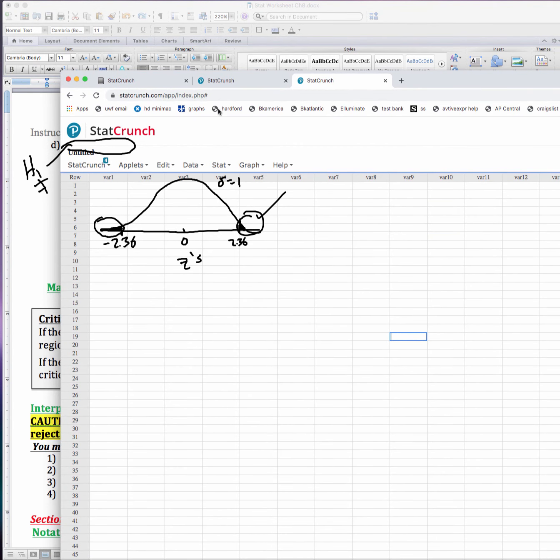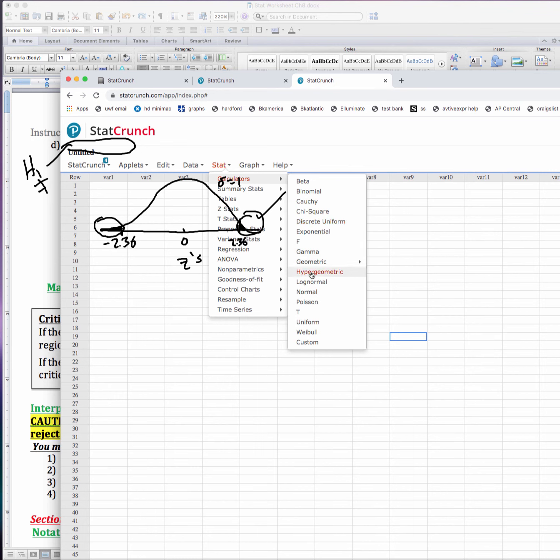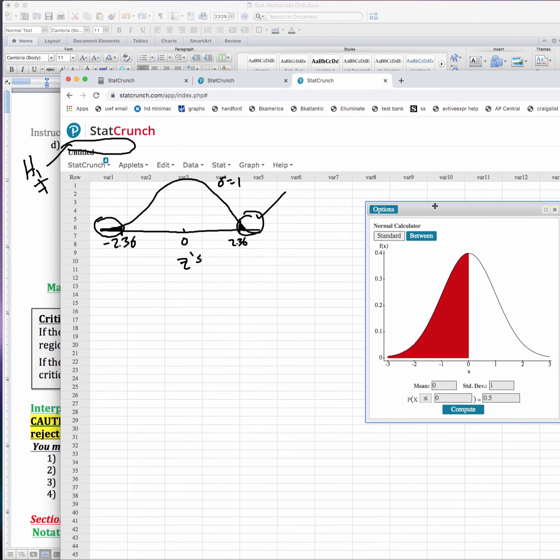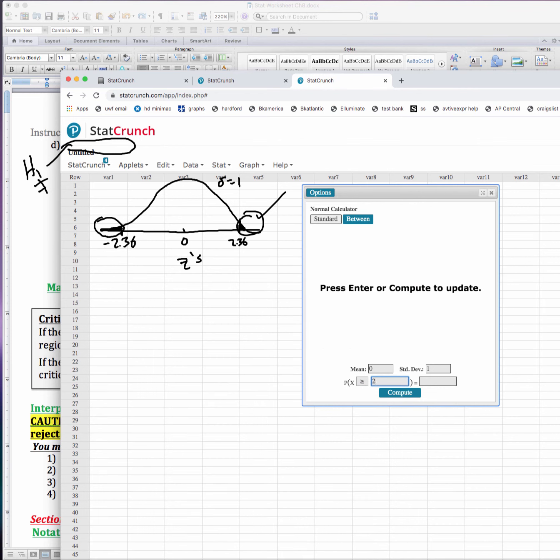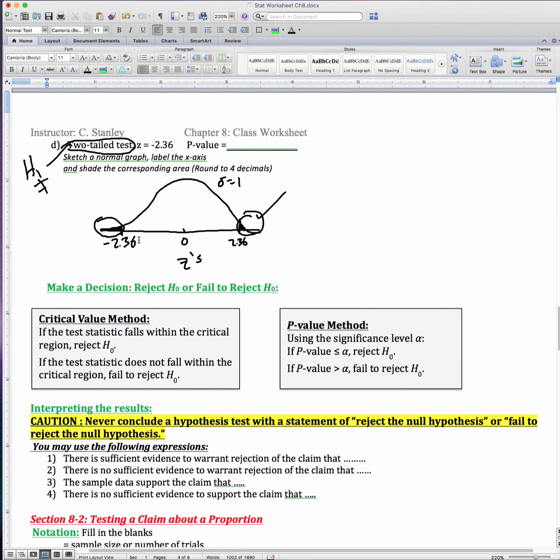It's a different calculator though, because this calculator is the normal calculator. So I could round that, it's 0.009, but I could round that to 0.01.